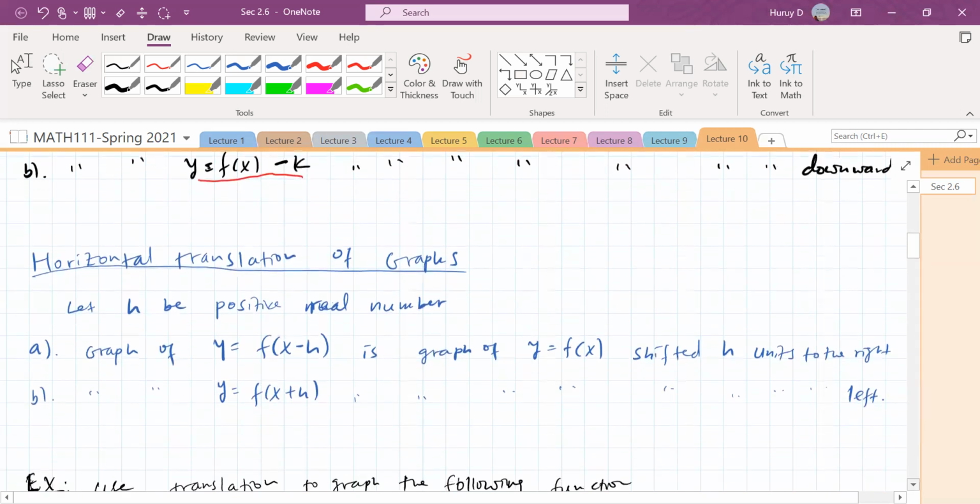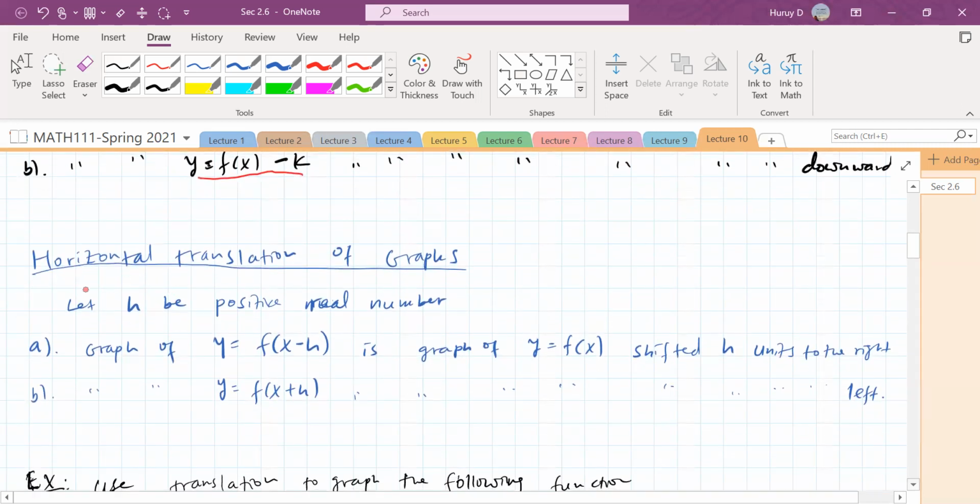Another type of translation is the horizontal translation of graphs. Again, let h be a positive real number, and our parent function is again y equals f of x.